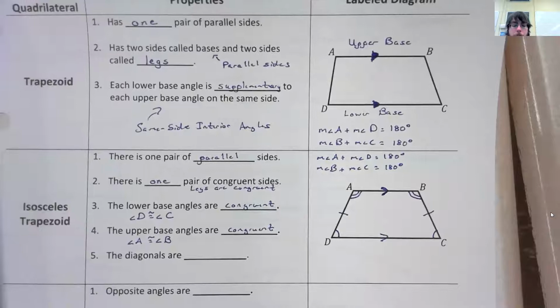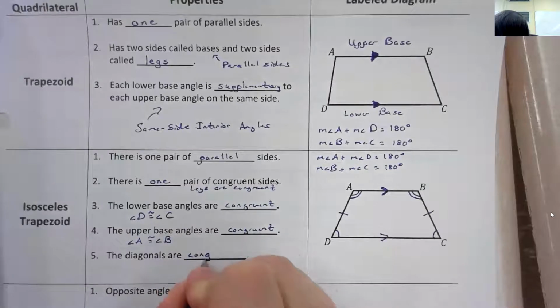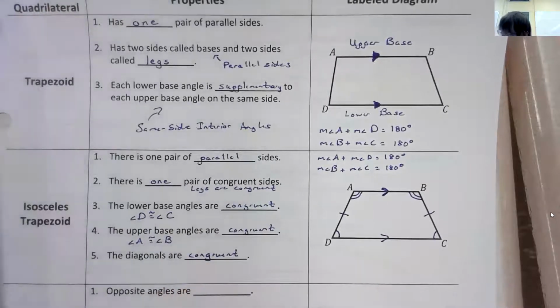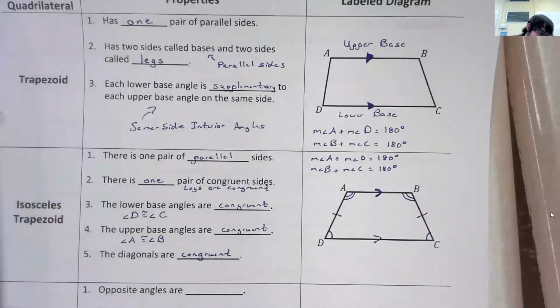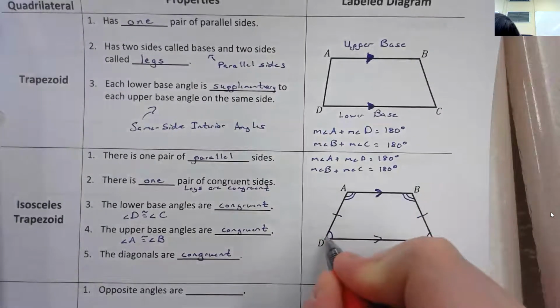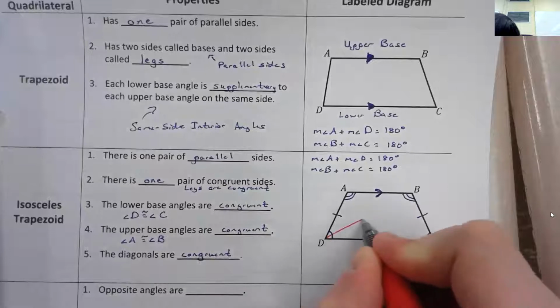All right. And then the last property that's unique to an isosceles trapezoid compared to the original trapezoid, the diagonals are congruent. So the diagonals are the same length. So if we take our diagonal here, and I'm going to draw it in red, and I will try to draw it as straight as I can.